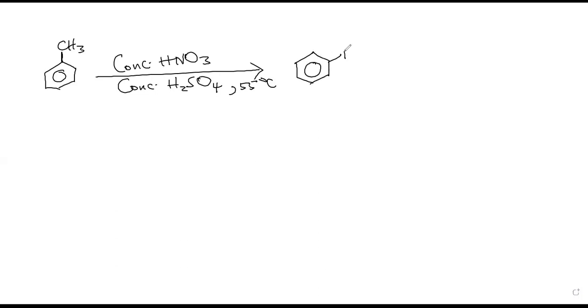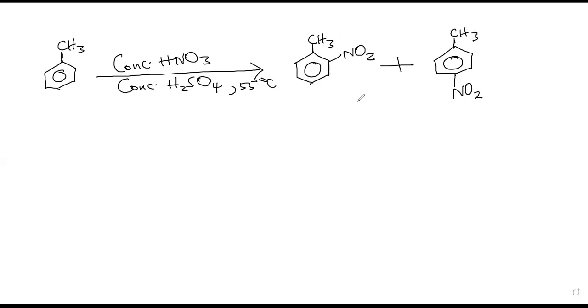The nitro group will be on the second position, and here you have CH3, then plus, you will form a product on the para position, that is NO2 here, and then CH3.